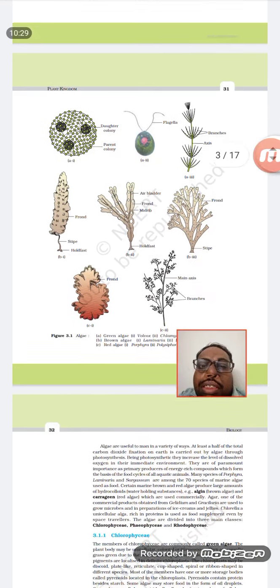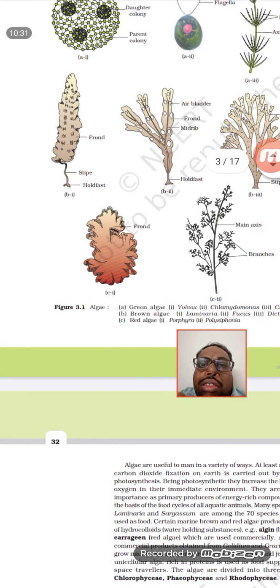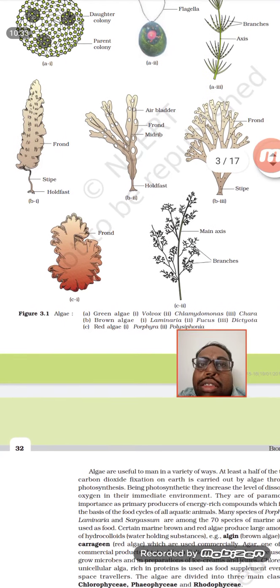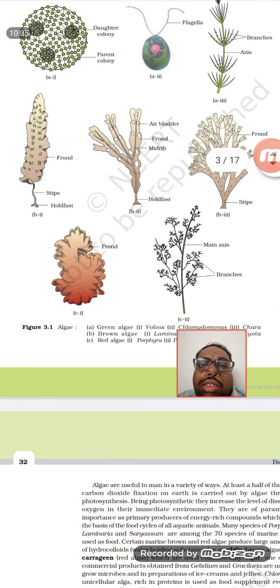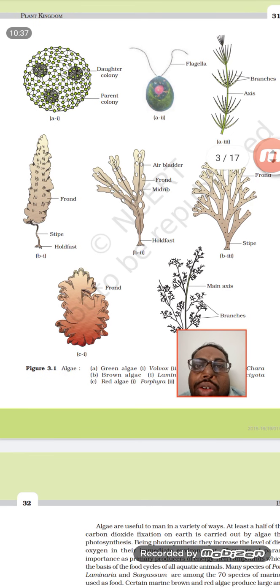So when you see the second part, it is the picture of this Phaeophyceae, and the first one is Chlorophyceae, where Chlamydomonas is coming. And if you see here in the B part, these are very simple, and they have a very simple structure known as holdfast, which resembles the root part in some conditions.